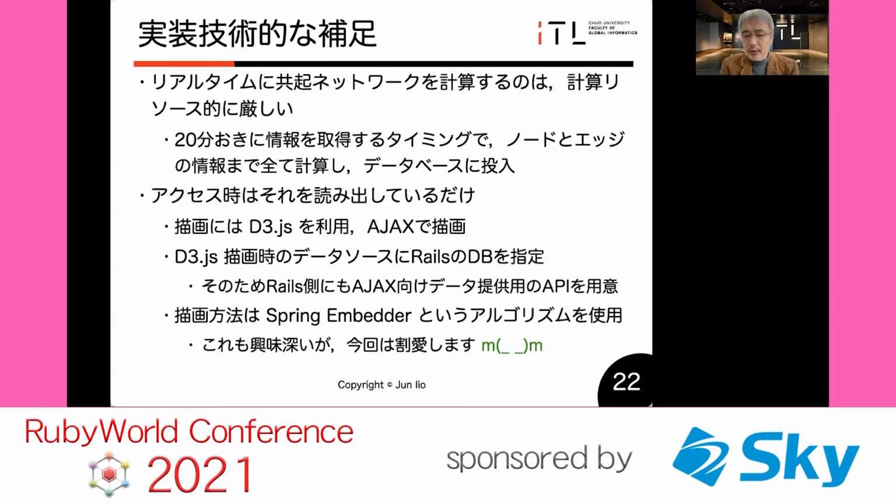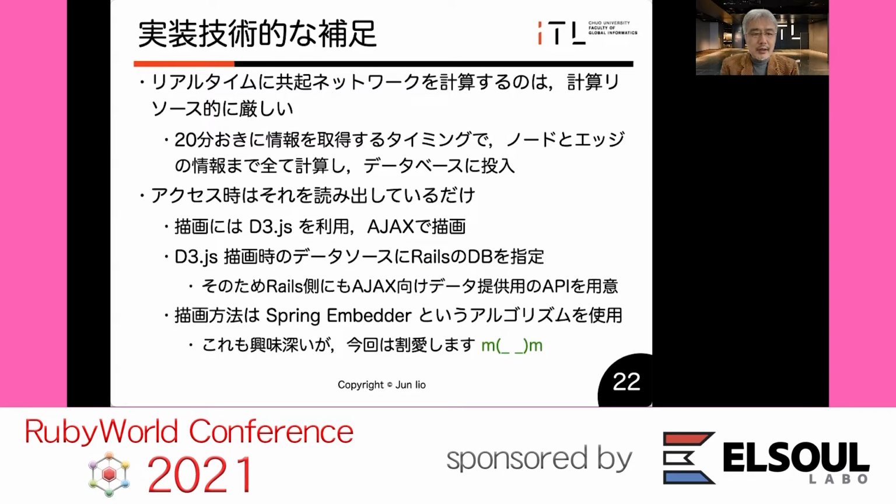Because this is the RubyWorld conference, I'd like to add a little bit about the technical aspect. Unfortunately, the real-world computation of the co-occurrence network would require too many resources. So instead, every 20 minutes, the information is acquired, and then node and edge information are calculated, and the results are sent to the database of the Rails application. And when accessing, it just reads them out.